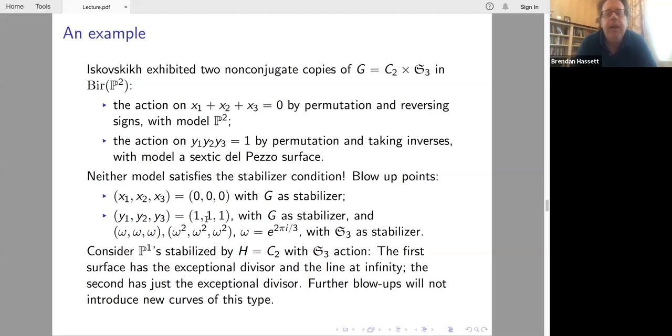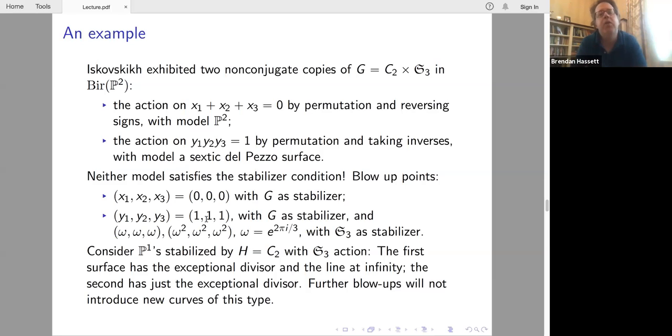One thing I want to emphasize is that once you've blown up, so that all the stabilizers are abelian, you can't blow up further and get a stratum that has a stabilizer, a symmetric group on 3 letters. So basically you can get an invariant of the Kontsevich-Tschinkel group where you extract out the number of these P1 components that have an S3 action. This allows you to differentiate these two C2 cross S3 actions on surfaces.